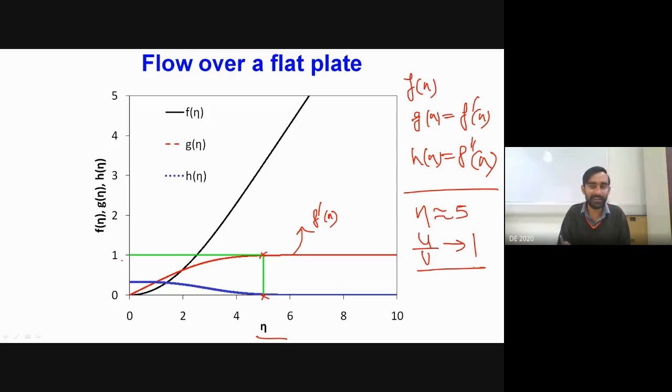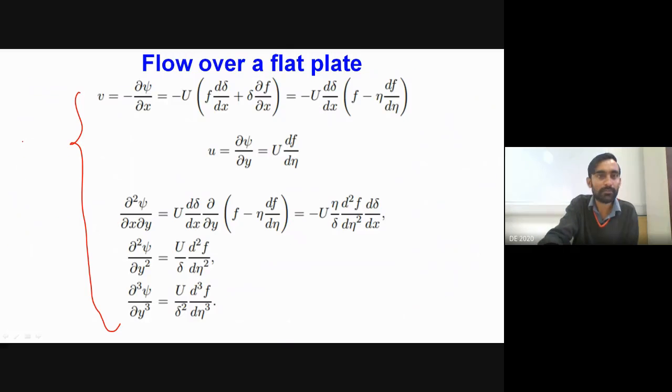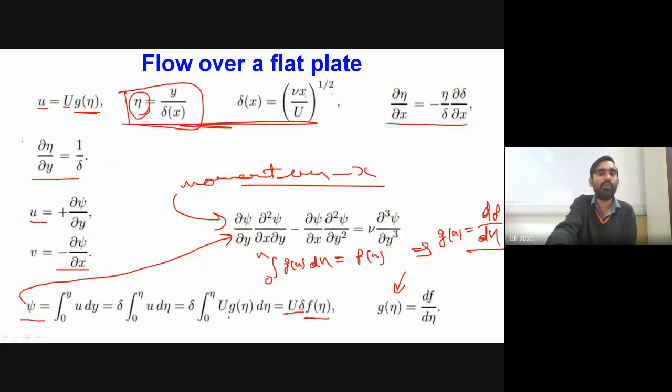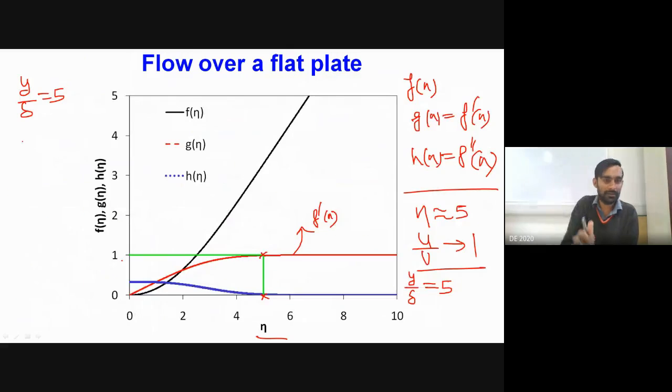Because of that, we can say that we already have the formulation of eta as y by delta, and for delta we also have a relation in terms of x. So we can say that y by delta equals 5, and if I substitute the value of delta from the previous slide, which was mu x by U to the power 1 by 2, this equals 5.